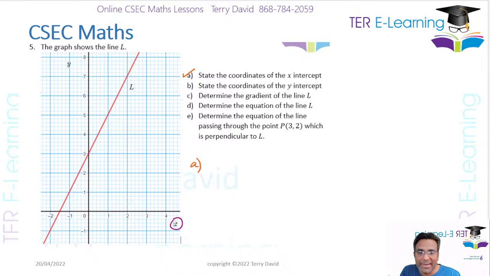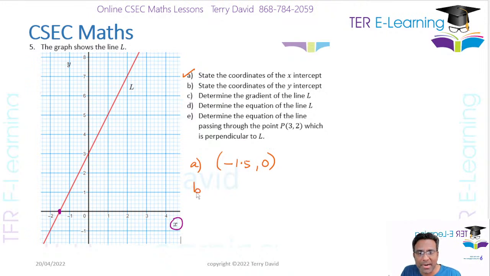So remember, your X axis is here. It's cutting at this point here. So that coordinate there is going to be minus 1.5. You can use a decimal here or a fraction if you want. So that's minus 1.5, comma 0. That's the coordinates of my X intercept.